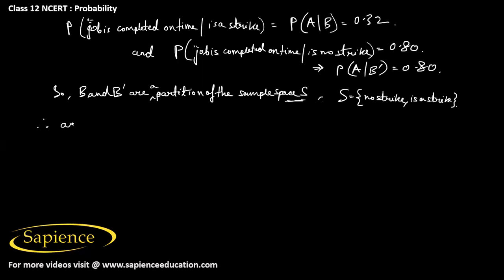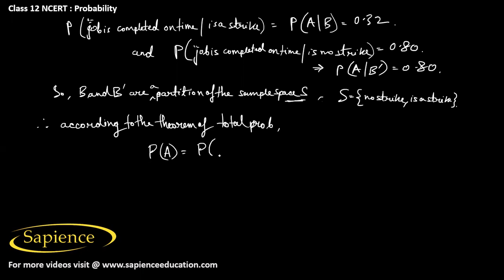Therefore, according to the theorem of total probability, the probability of the event A equals the probability of B times the probability of A given B, plus the probability of B dash times the probability of A given B dash.